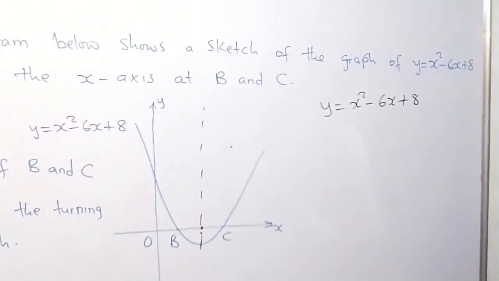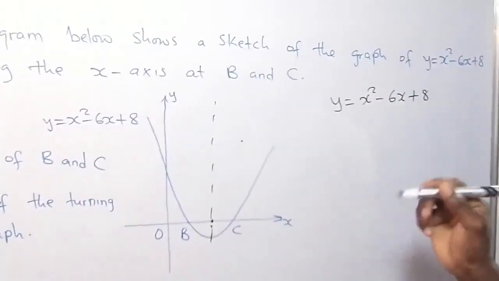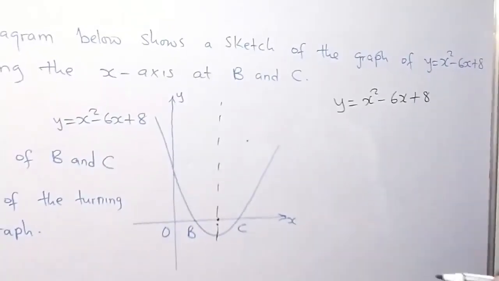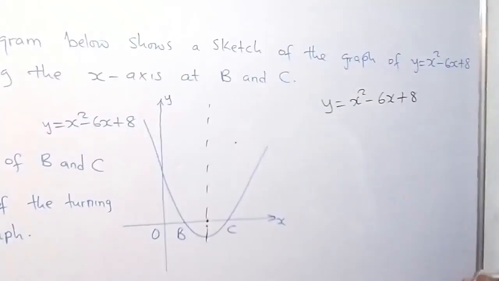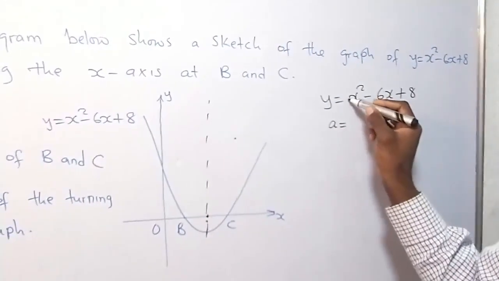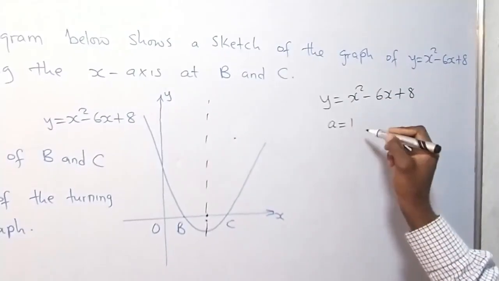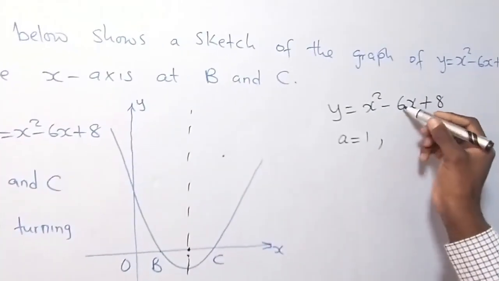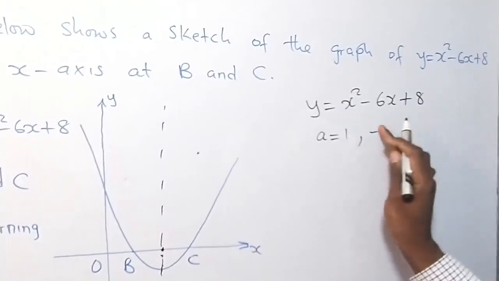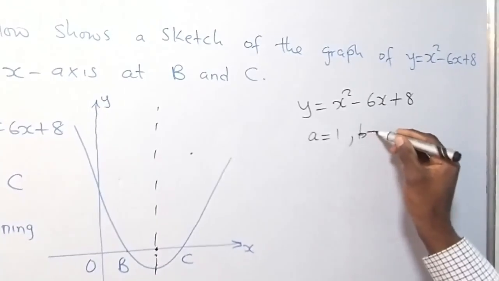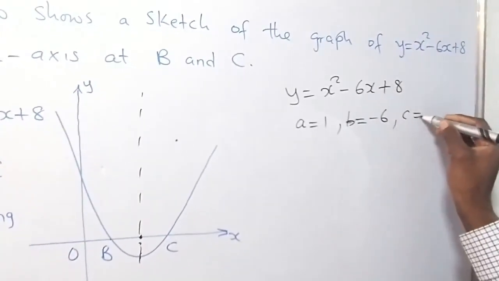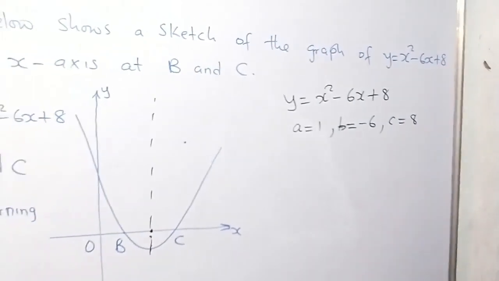In this equation, we identify the coefficients. The a, which is the coefficient of x squared, is 1. The coefficient of x, which is b, is negative 6. And this is the constant c, the y-intercept.